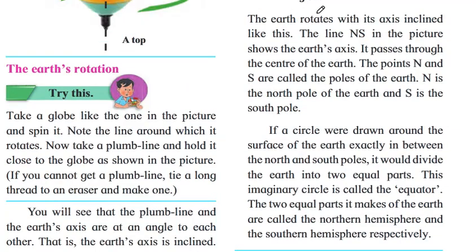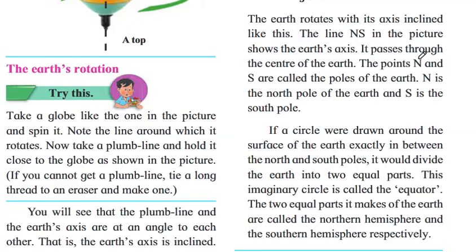The Earth rotates with its axis inclined. Like this, the line NS in the picture shows the Earth's axis. It passes through the center of the Earth.